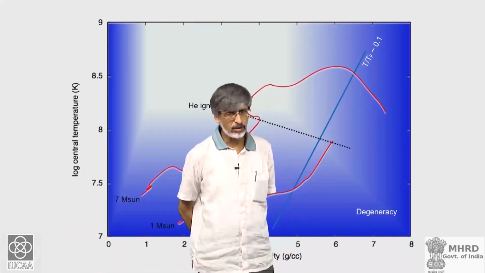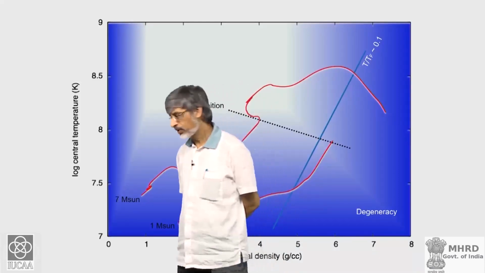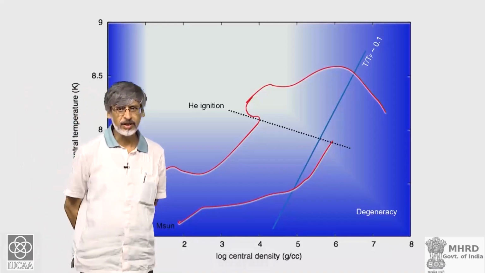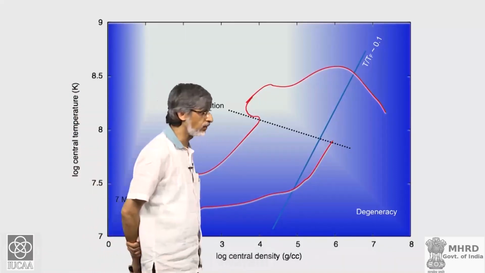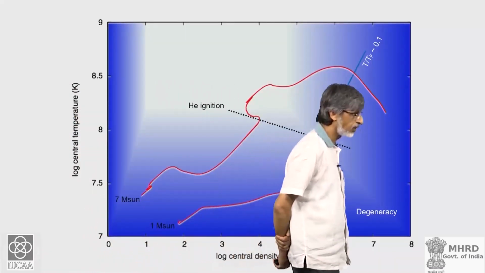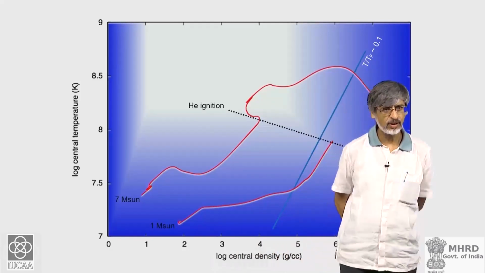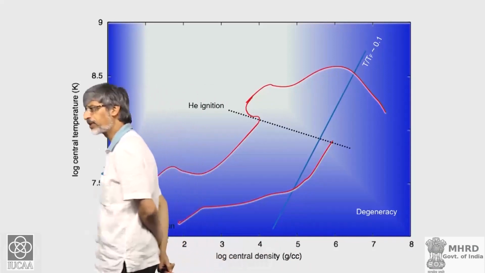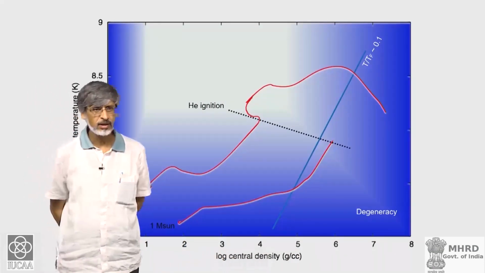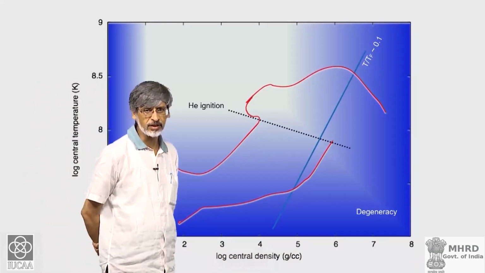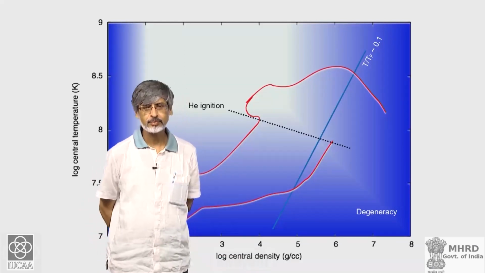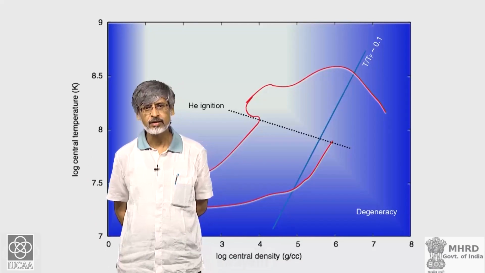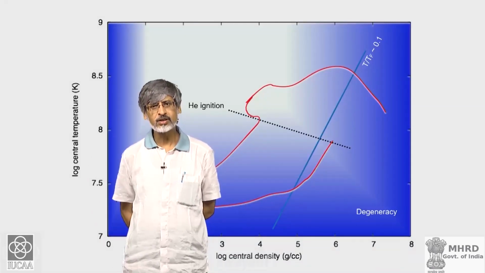If the material becomes very strongly degenerate, let us say T over T_F is very small, less than a percent or so, then the thermal pressure becomes actually irrelevant, and degeneracy pressure starts providing the support and holds the collapse.